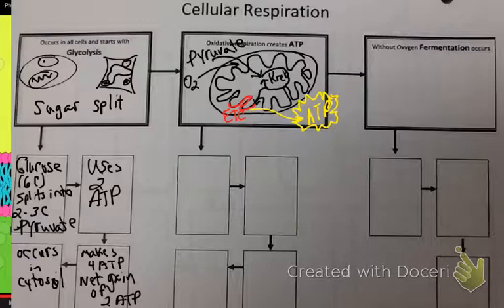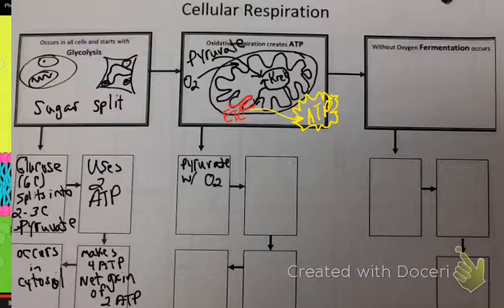All right, so we got our pyruvate, we got some oxygen. So again, pyruvate with what? How are we going to get into the club? Oxygen.